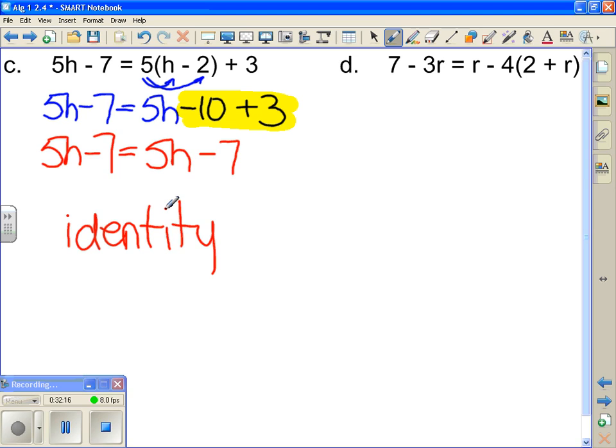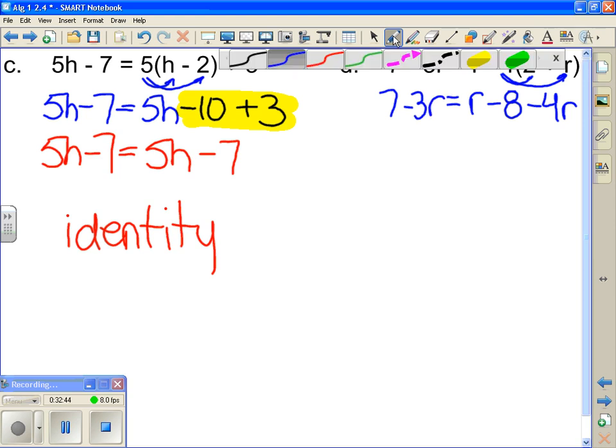Now let's look at D. Distributive property. -4. Don't forget about that little negative sign right there. It goes with the 4. -4 times 2, -8. And -4 times r, -4r. Now bring down your r, your equal sign, and your 7 minus 3r. Now let's look for like terms. On the left, nope, not again.